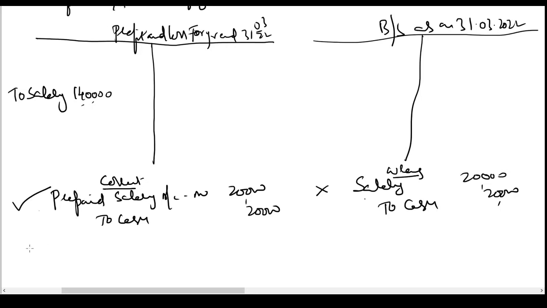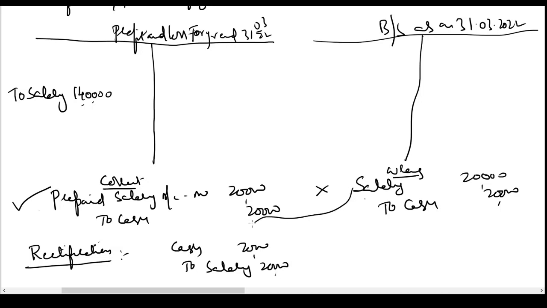So now how will you rectify the error? I'll pass a rectification entry. Rectification entry is very simple. I will reverse the wrong and pass the correct. So the rectification entry would be: reverse the wrong, that means cash account debit to salary 20,000.